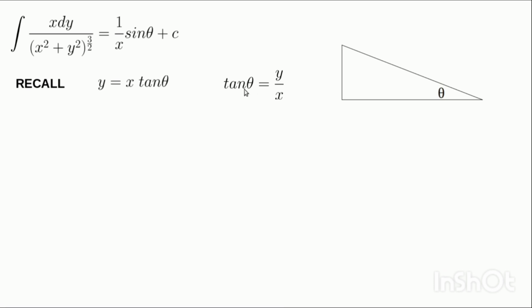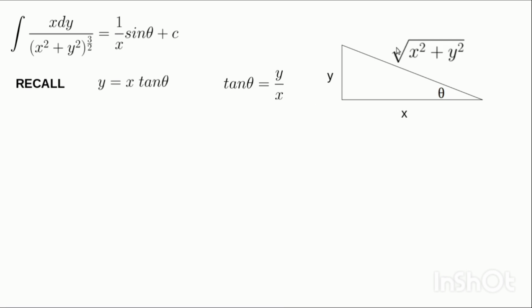And if you notice, tan theta is y all over x. So tan theta is opposite over adjacent. So if this one is the angle, we can assume that this side, opposite, will be y and the adjacent here will be x. We can find the hypotenuse by taking the square root of the square of this plus the square of this, which gives us the value of this one.